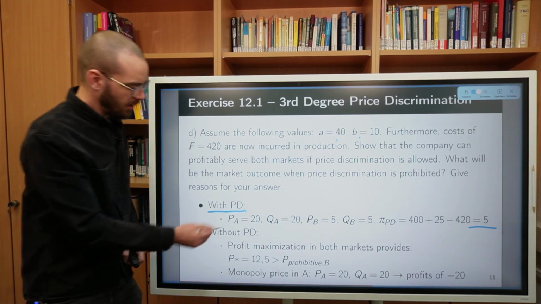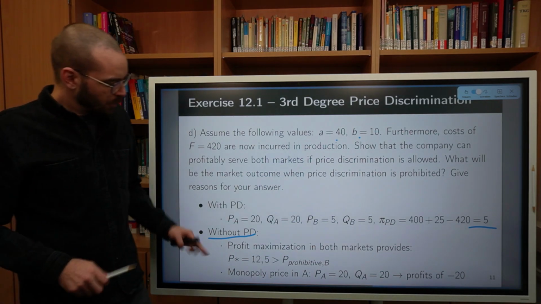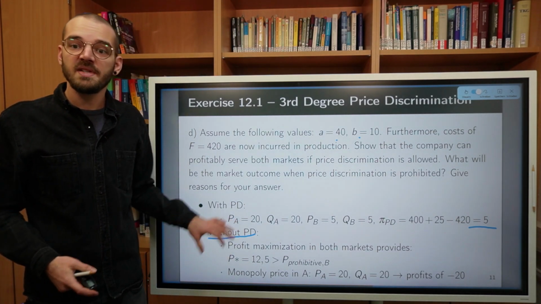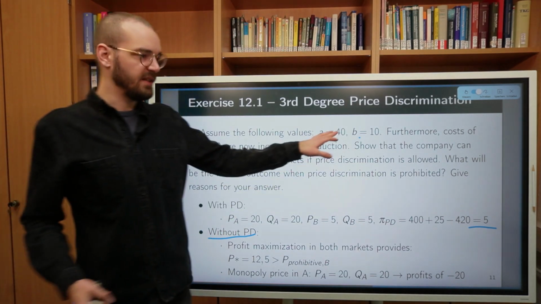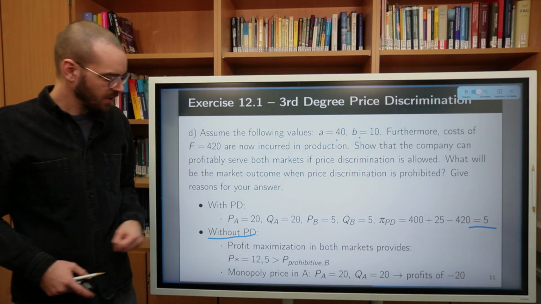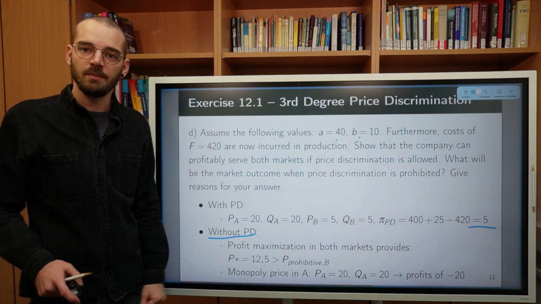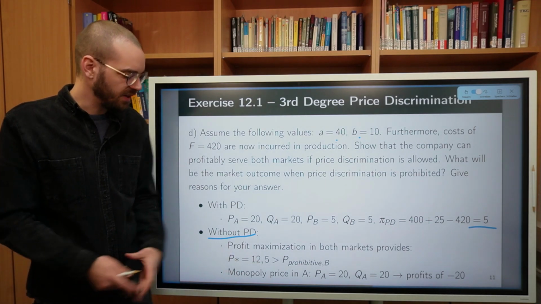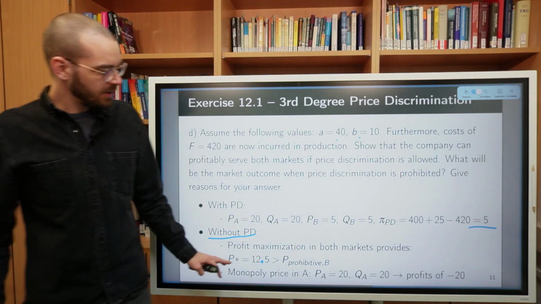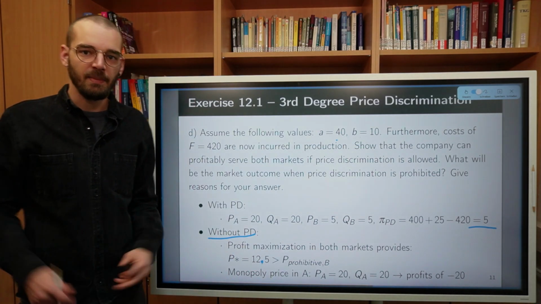So let's consider a world without price discrimination and analyze the market outcome. So we know, of course, again, the profit maximizing price in this scenario from task B. We only have to plug in these specific numbers we now know and have assumed for the parameters A and B. So we know that the market equilibrium price, or the profit maximizing price in this scenario, would be 12.5, which of course is larger than the prohibitive price in market B. The maximum willingness to pay in market B is only 10 by assumption.